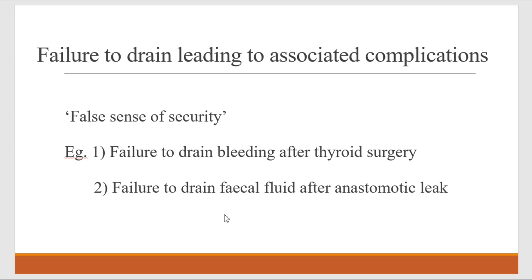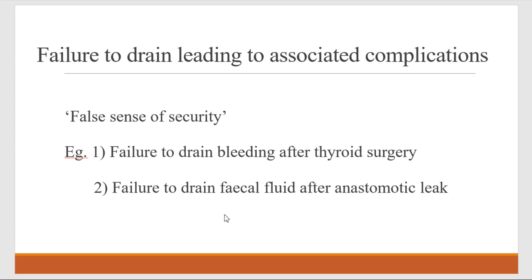The second example could be a patient who has undergone exploratory laparotomy and anastomosis, with an anastomotic leak, and the fecal content is there inside the peritoneal cavity, but the drain is not draining. Again, a false sense of security, and there is a higher chance of taking a late decision in the management of these patients.